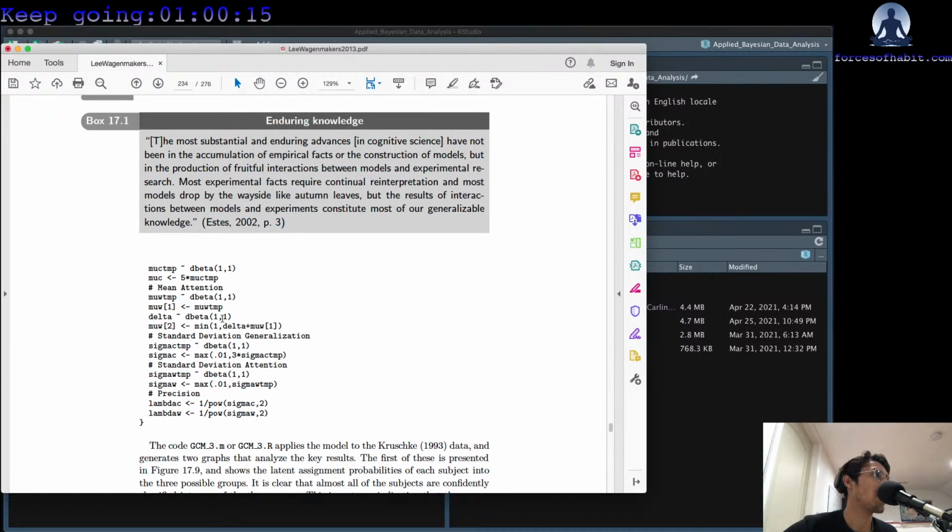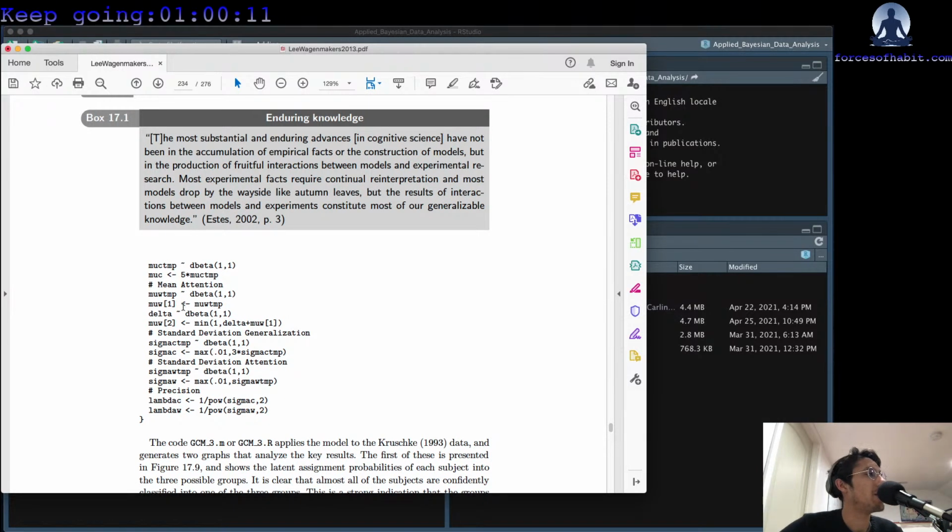I think that's what that's saying. And then for W temp, it's also a beta distribution.